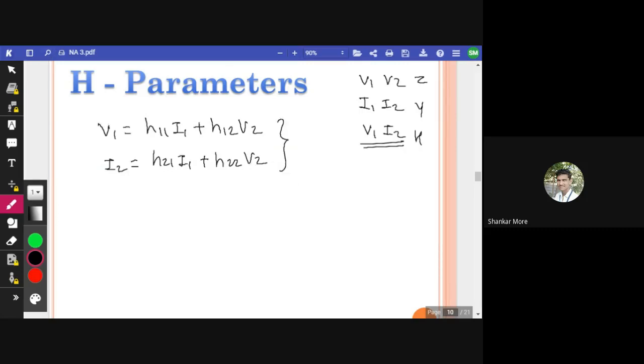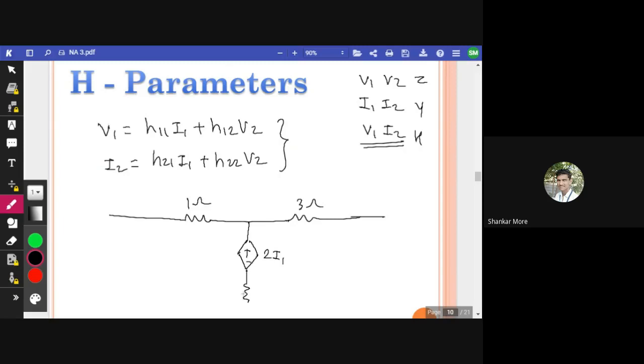Okay. Now I will give you one circuit and try finding the h parameters. Let us suppose this is one resistance. This is again another resistance. This is 1 ohm. This is 3 ohm. And we have one dependent voltage source also here. It depends on I1, 2 I1.